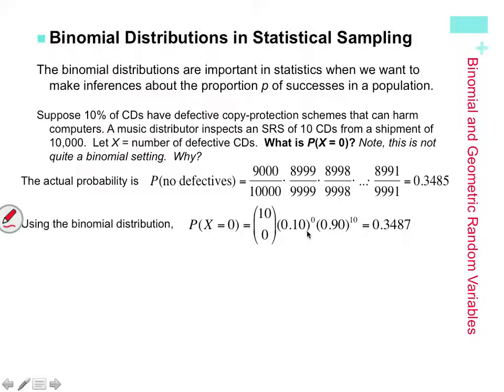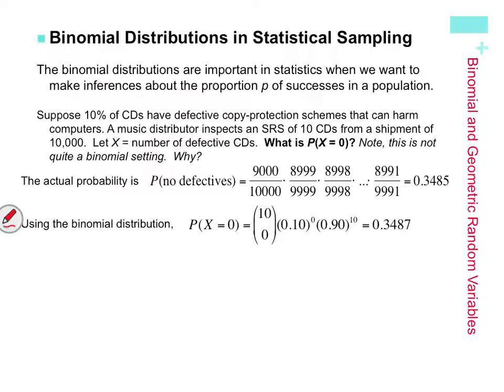The probability of a success would be 0.10. That's the 10% that are defective. We want 0 of those, times the probability of failure, 0.9, to the 10th power. I get a number that is not the same, but it is very, very close. So in practice, these probabilities are so close together.